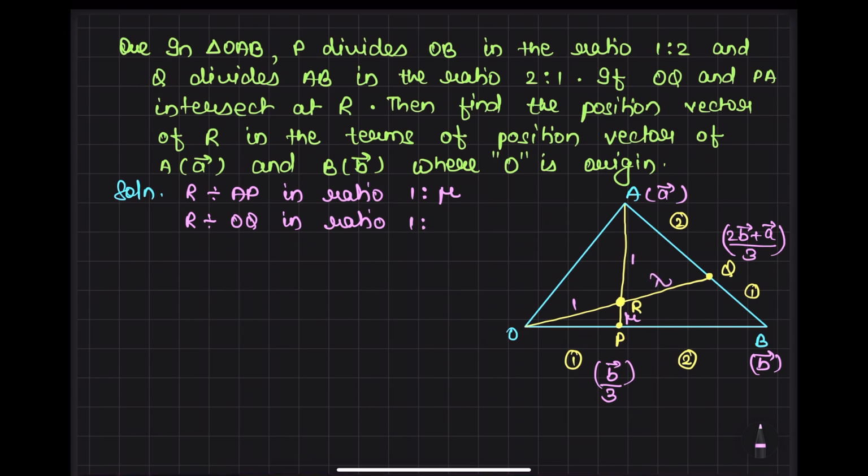If we find the value of lambda or mu, we can find the position of R.